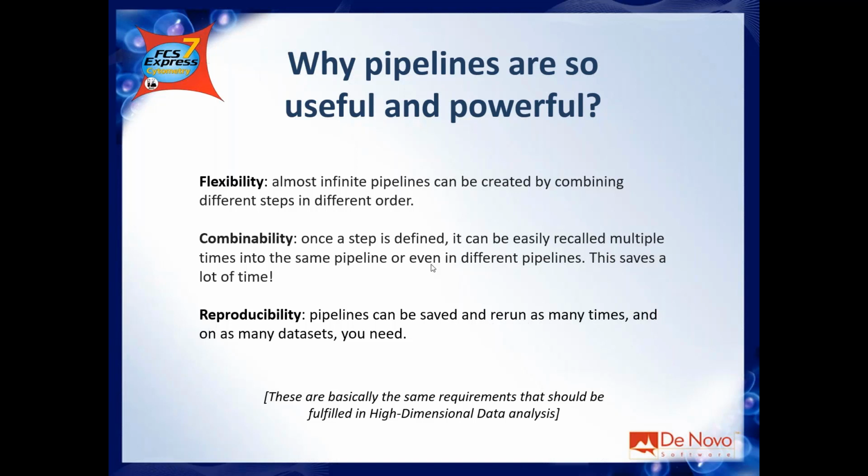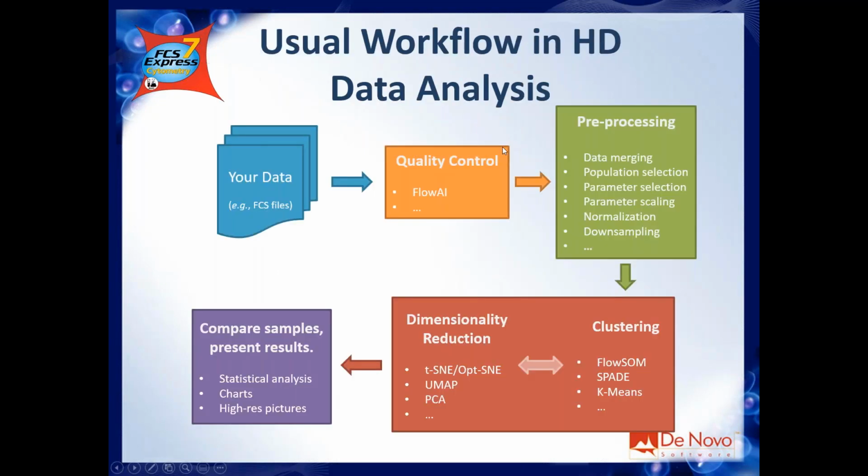You don't want to run a FlowSOM standalone and a UMAP standalone. Maybe you want to run FlowSOM on the UMAP results. Or maybe you want to first do a PCA and then run FlowSOM and then whatever. And of course, everything must be reproducible. Those are the reasons why we decided to implement pipelines in FCS Express.